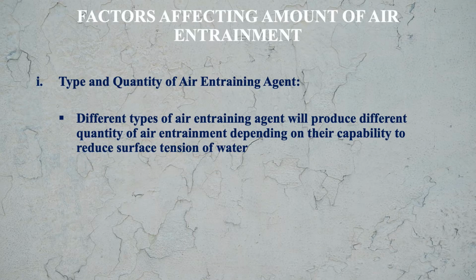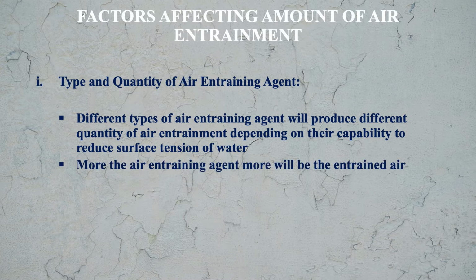Which type of air entraining agent we are using and what amount we are using, on that the amount of air entrained in the concrete will depend. Different types of air entraining agent will produce different quantities of air entrainment depending upon their capability to reduce the surface tension of water. The more the air entraining agent, the more the entrained air. So that way quantity affects the amount of air entrained in the concrete.